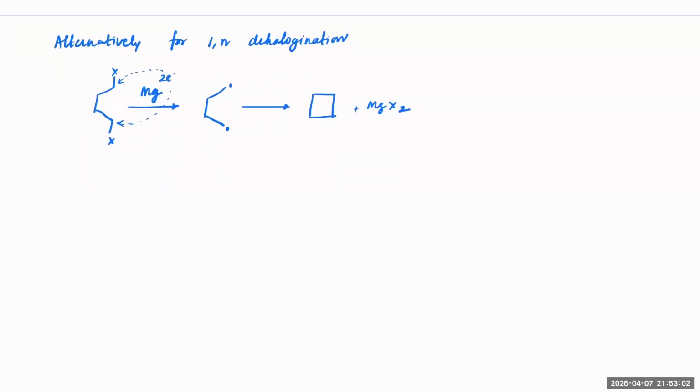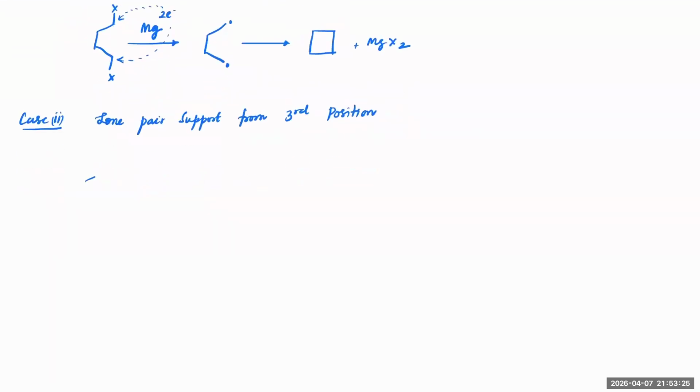Now, next, the second case, where a lone pair is supporting. Case 2: lone pair support from the third position. For example, if you have a sulfur and then we have some halogen here, and I'm treating that with something like OH minus.